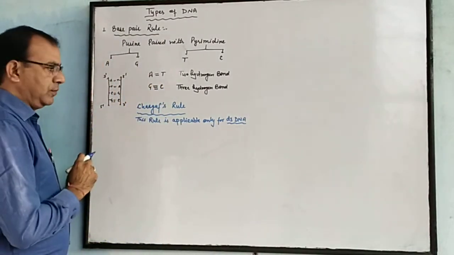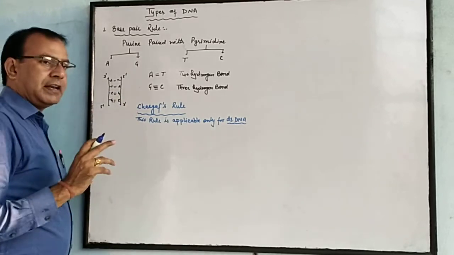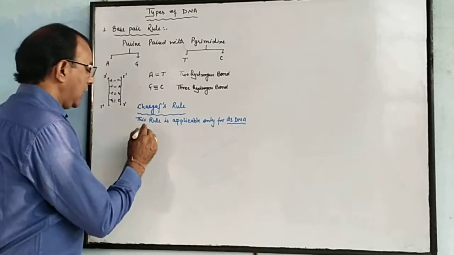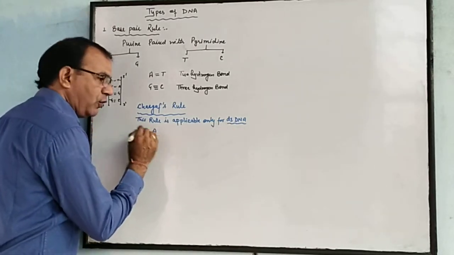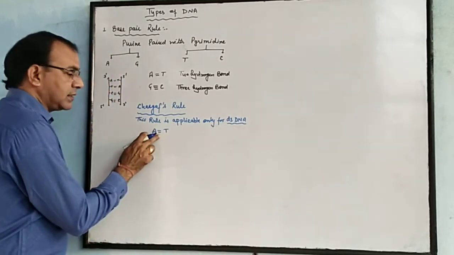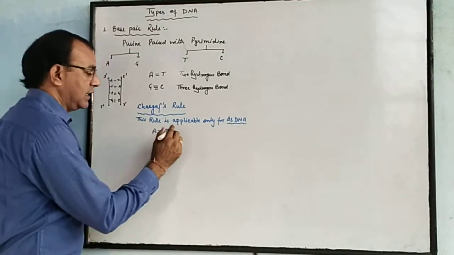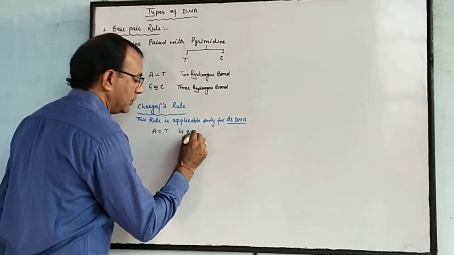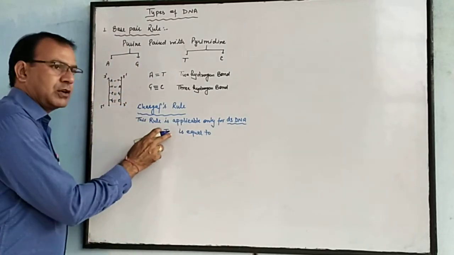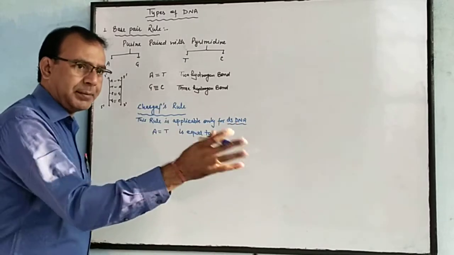According to Chargaff, as per the base pair rule, in a double stranded DNA the value of adenine is equal to the value of thymine. Here the sign is not two hydrogen bonds, it is the sign of equals. It means according to Chargaff, adenine is equal to thymine, or you can say purine is equal to pyrimidine.